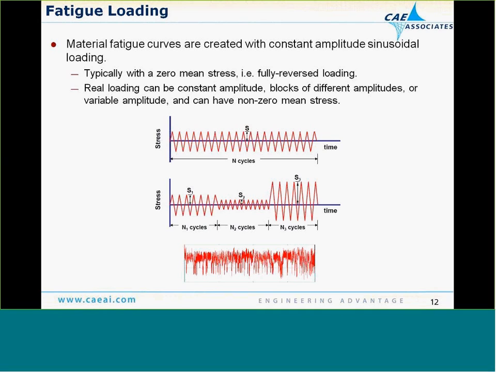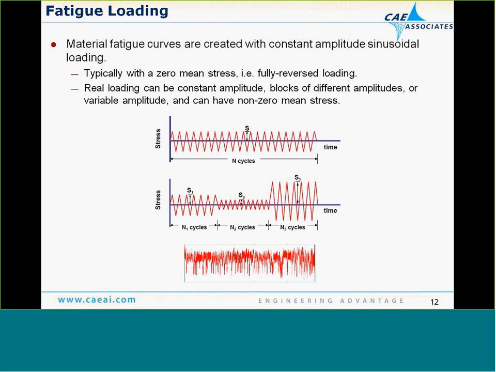For example, we can have different cycles with different mean stresses and different amplitudes, or we could even have something like on the bottom chart where we have a much more random type of loading, where if we are measuring our loading over a certain amount of time, you'll get a much more realistic type loading.